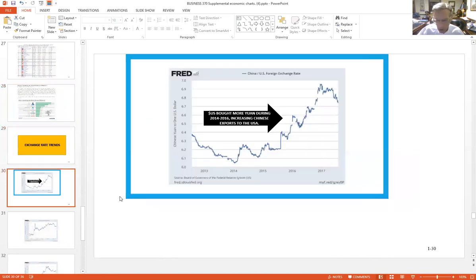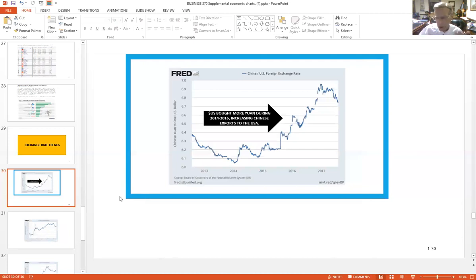So just to wrap up this review, here are some trends in foreign exchange rates that illustrate what I was just talking about. You can see that during the time that this chart went on, through 2017, the US dollar would buy more yuan, and consequently, the reason that was the case is that China managed the exchange rate, and they did that to encourage exports.